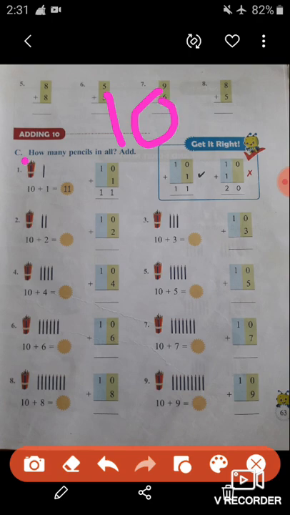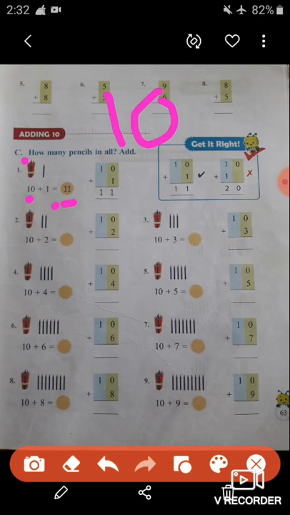So a bundle is of 10 pencils. So here we are going to add. First one is already done for you, 10 plus 1. So a bundle of pencils that has 10 pencils and one more pencil make together 11 pencils.